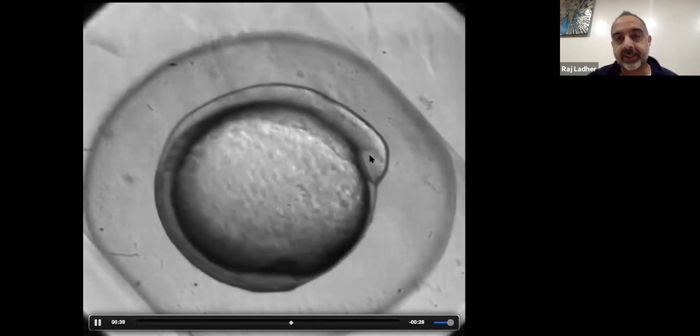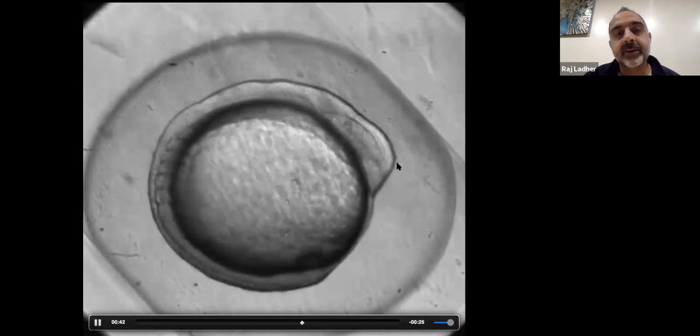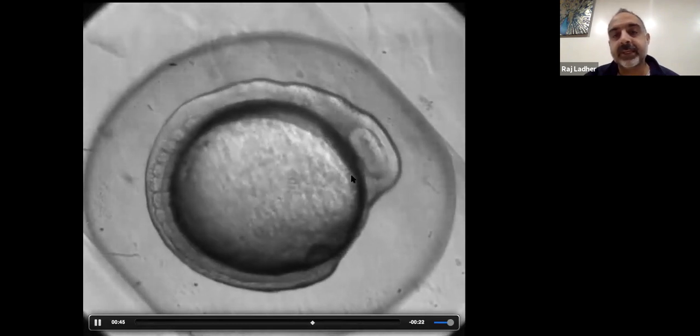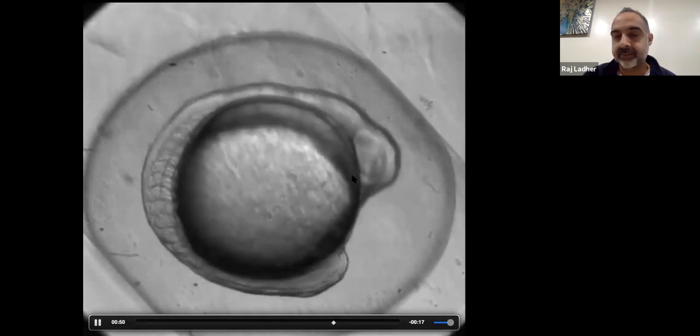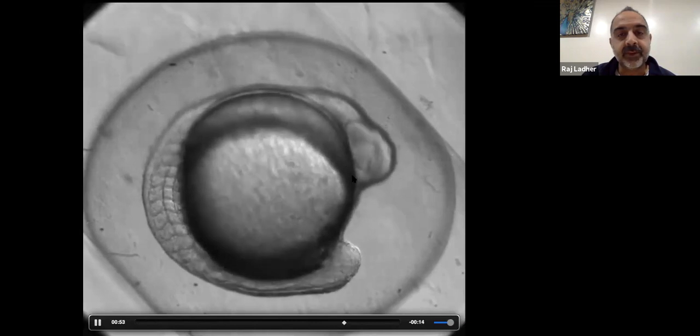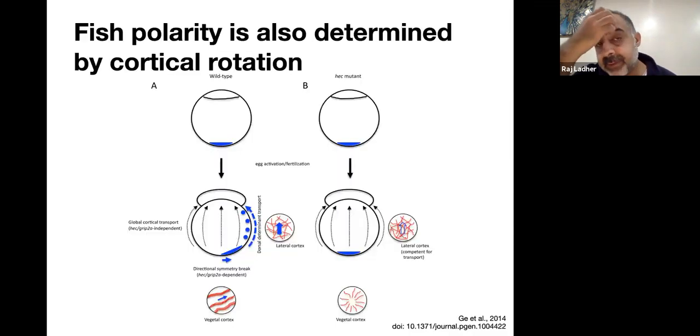Okay, and slowly you'll start seeing the head of the embryo. The head is here. Somites as the fish starts taking form. Okay, so the mechanisms of symmetry breaking in the fish are similar to the amphibian, and so again you have some symmetry breaking, some cortical rotation that happens in response to sperm entry.